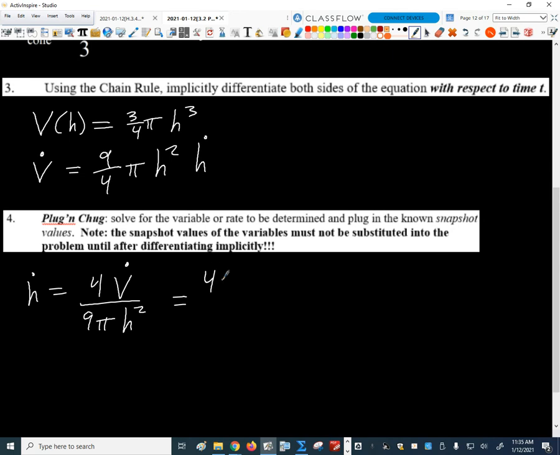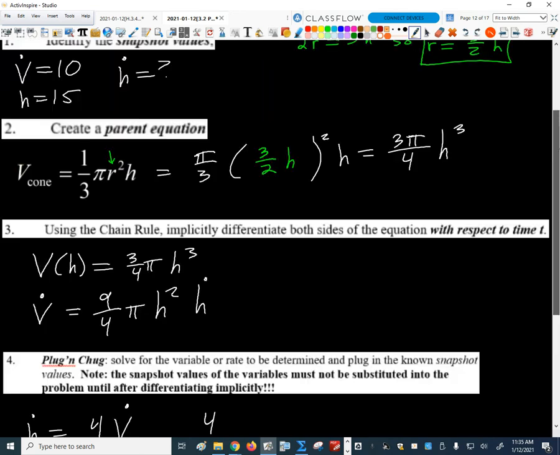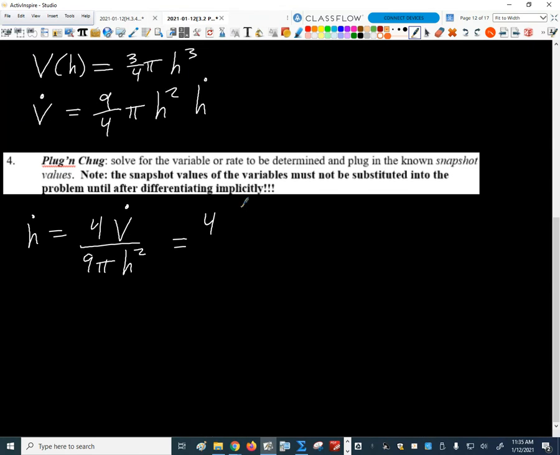That just gives me 4 times, was it 10? Was that my V dot? Yep. 4 times 10 divided by 9 pi times H, which is 15 squared. So what's that give us then? 40 over 9 times 225 is going to be 1225, I think.